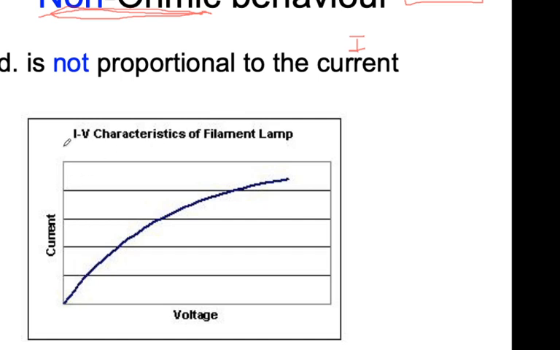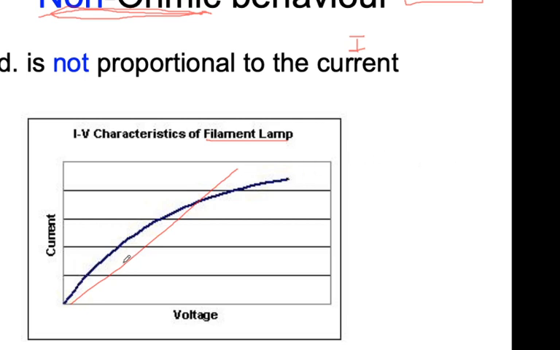So some materials, like this filament lamp shown in this graph here with current versus voltage plotted, don't show a nice straight proportional line. We'll see that as we increase voltage, our current won't increase proportionally, right? It'll kind of dwindle down and eventually flatten out.